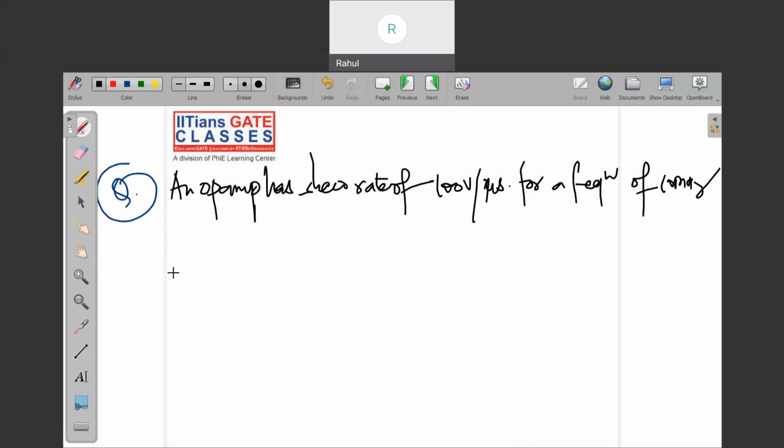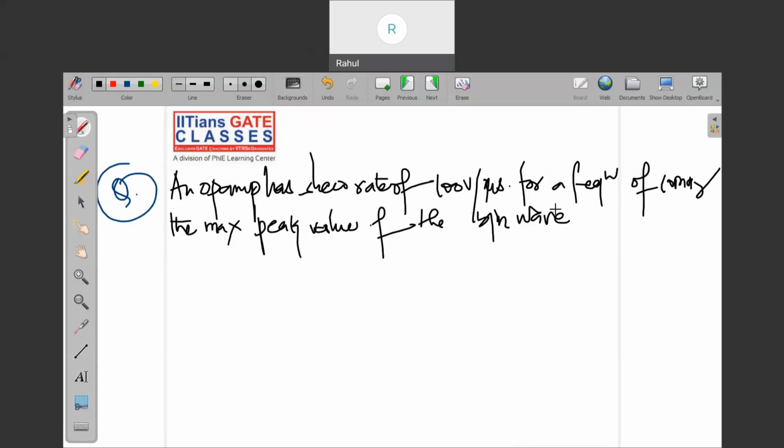The maximum peak value of the sine wave output voltage will be. So this kind of question can also be asked, and they will give you some options. So how can you find this?